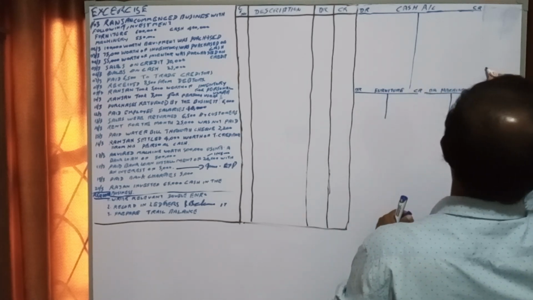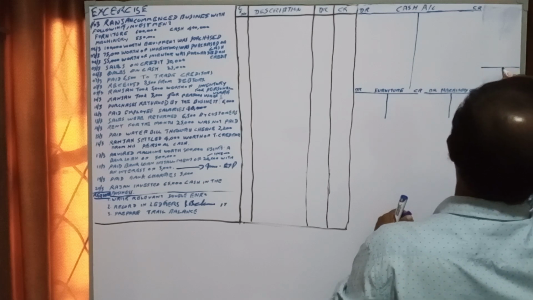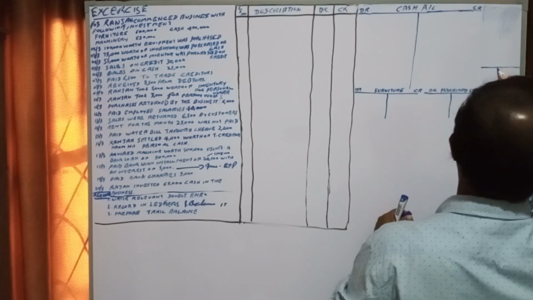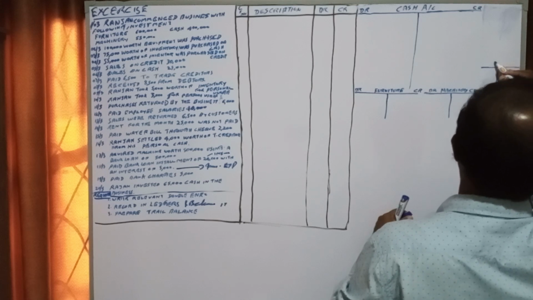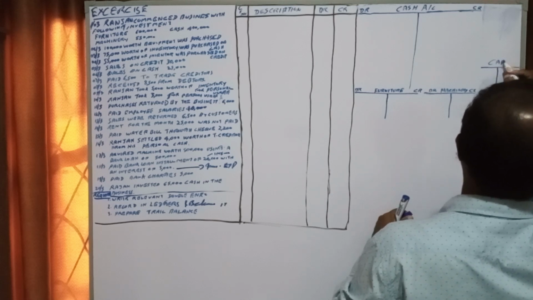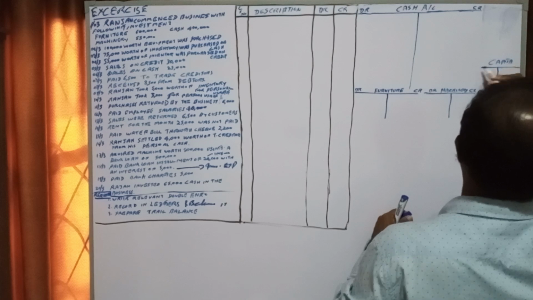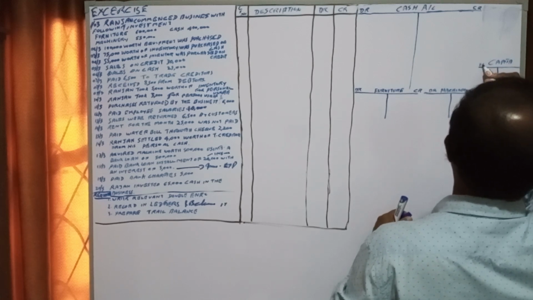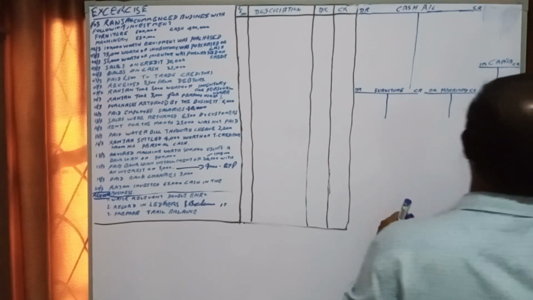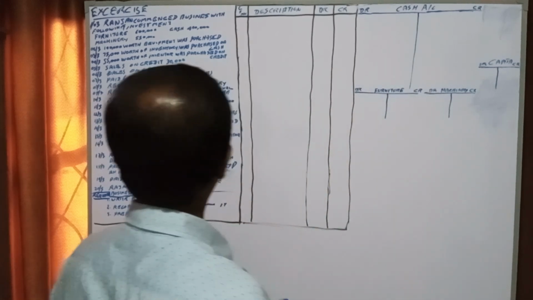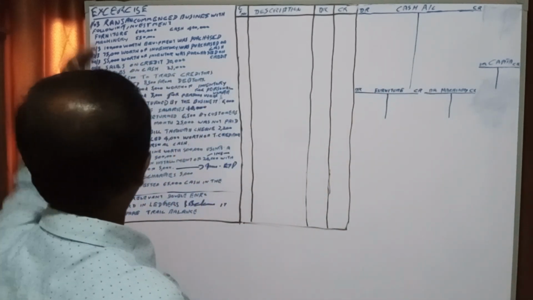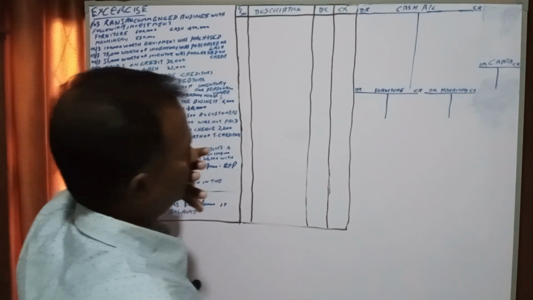Here we can say capital, DR and CR. So all the accounts are available; four accounts we have created.